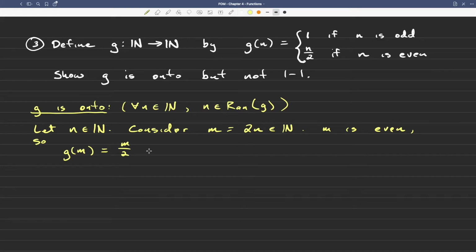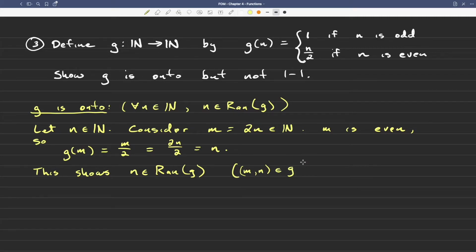And m over 2 would be 2n divided by 2, which is just n. So this shows n is an element of the range of g, because we just showed that (m, n) is an element of g. So the range is just the set of all second components of ordered pairs in the relation, right? So there you go. That shows g is onto.